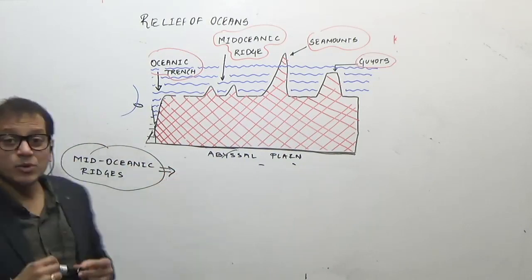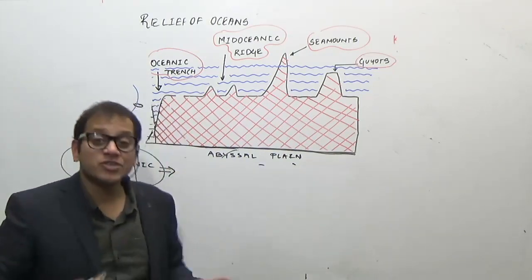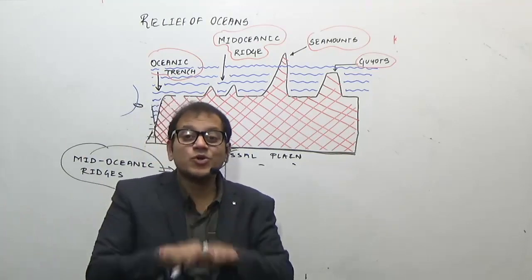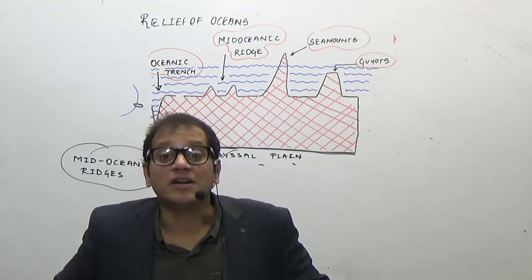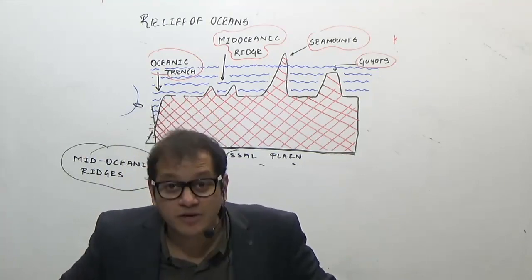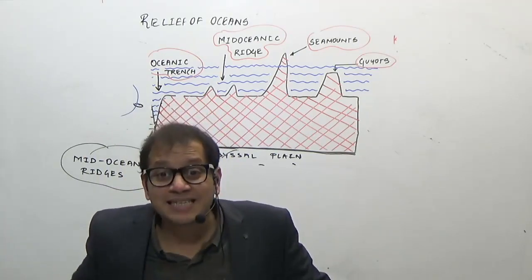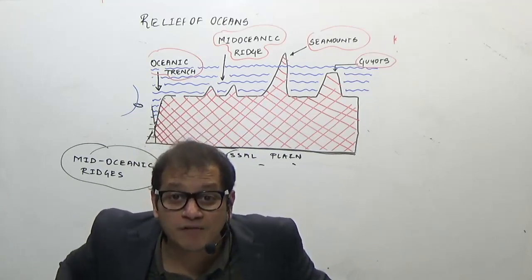What are these mid-oceanic ridges? This we have already shown. These are the zones of divergence. These are mountains parallel to each other, running for hundreds and thousands of kilometers. What do they represent? They represent the zone of divergence.